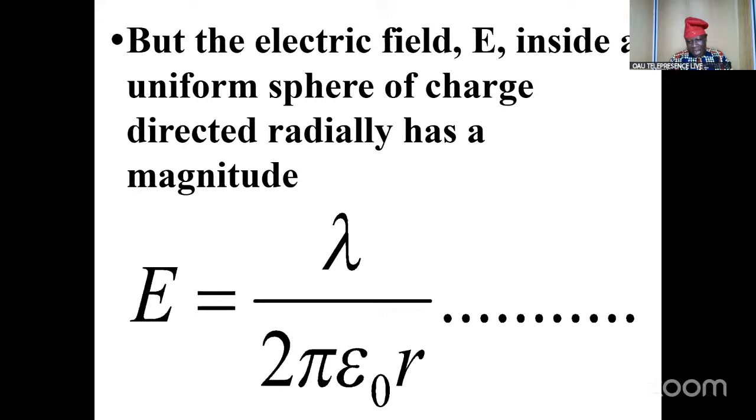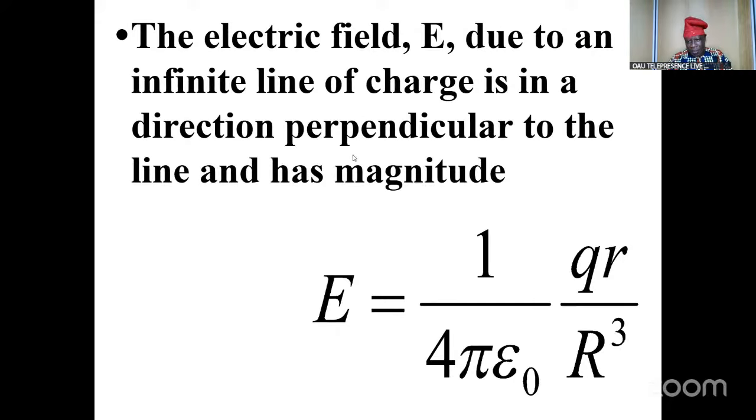That is, E naught here cannot be substituted with 1 over 4 pi epsilon naught r square. So you must identify the difference. Take note that each equation can be identified with the definition of each term. And so, like I said, as a scientist, you should love to see more equations. In fact, the more the equations, the happier you should become.